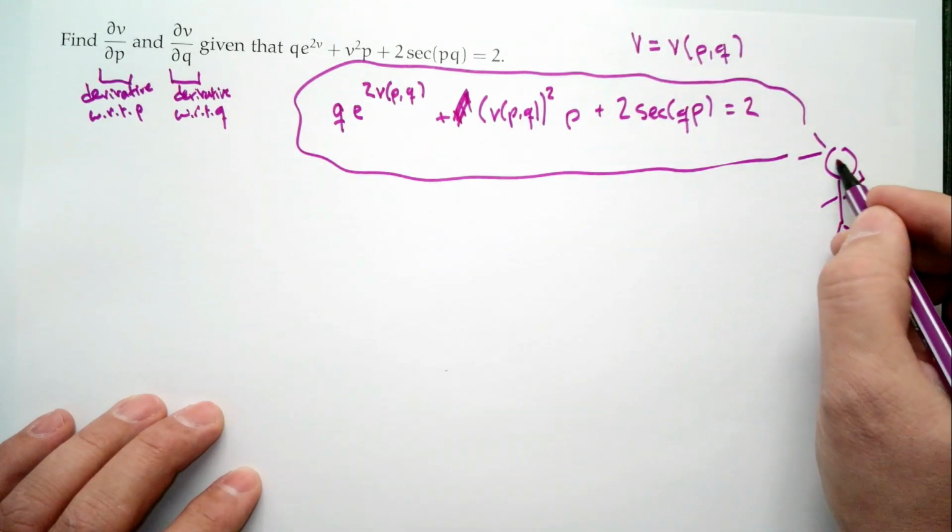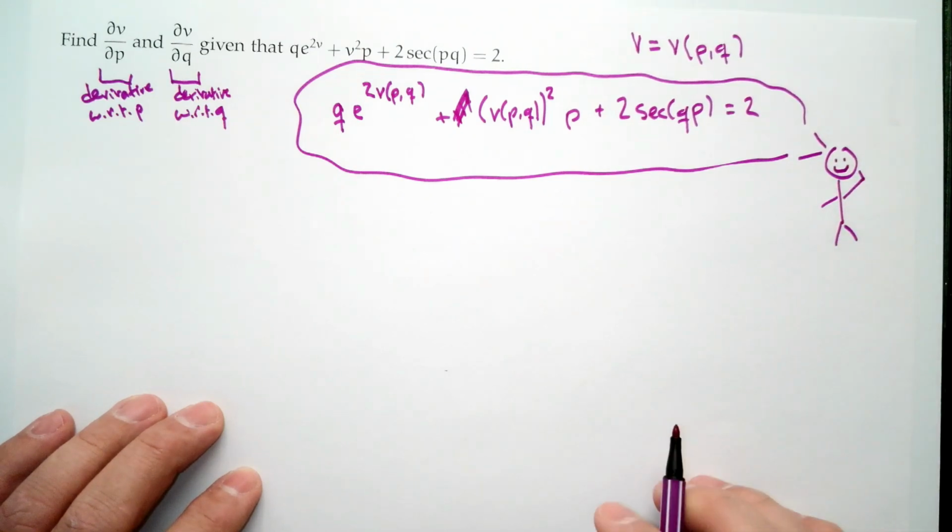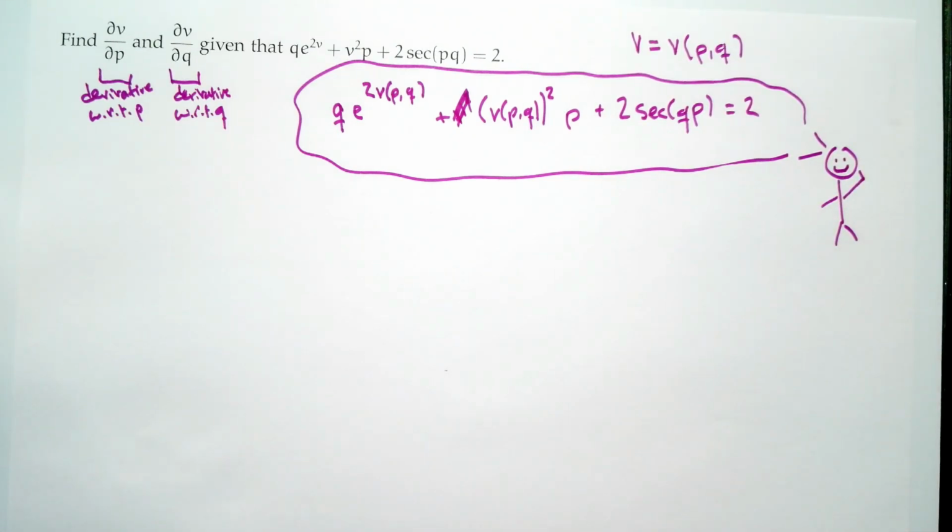And of course, we're doing calculus, so it's a happy thought that we have. All right, so that's how we think of this equation. Everywhere where we see a v, we really think of it as a function v of pq. And now, the rest of it is really straightforward. In fact, it's exactly like what happened in Calc 1.